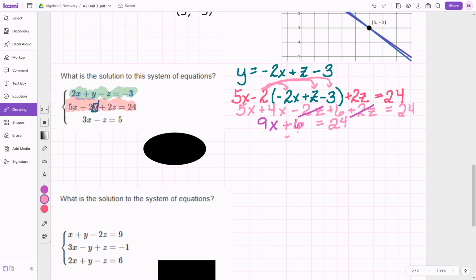Subtract 6 from both sides. I get 9x equals 18. Okay, and then I have to divide 18 by 9, and I get x equals 2.